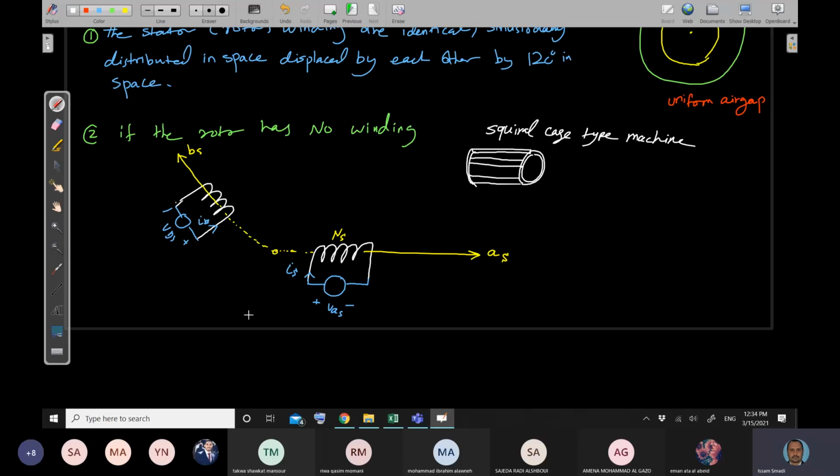Another 120 degrees in space, I will have the phase C. And the same if I energize it by a voltage VCS, a current will flow, which is ICS, and the MMF will point toward this one here, CS.